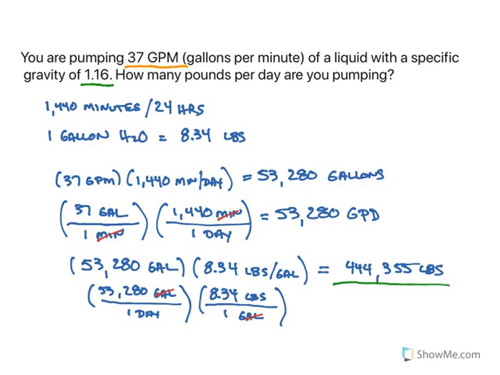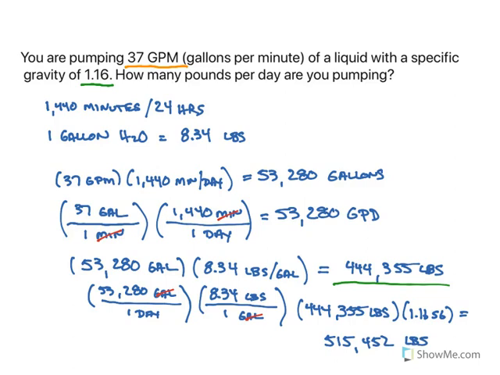So our last step is to multiply 444,355 pounds times a specific gravity of 1.16, and we get a final answer of 515,452 pounds.